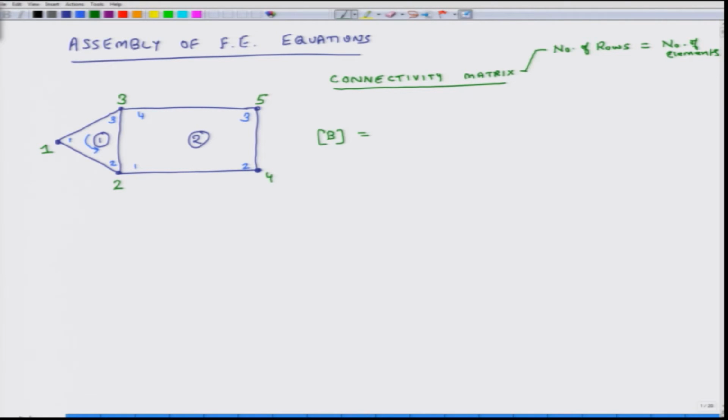So, this connectivity matrix will have 2 rows, and number of columns corresponds to the maximum number of nodes in any element.